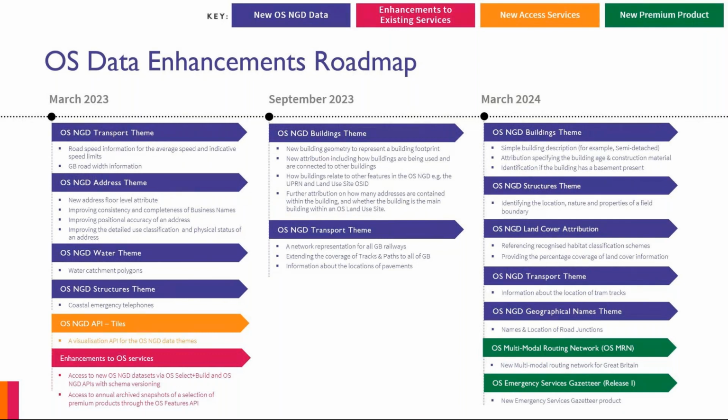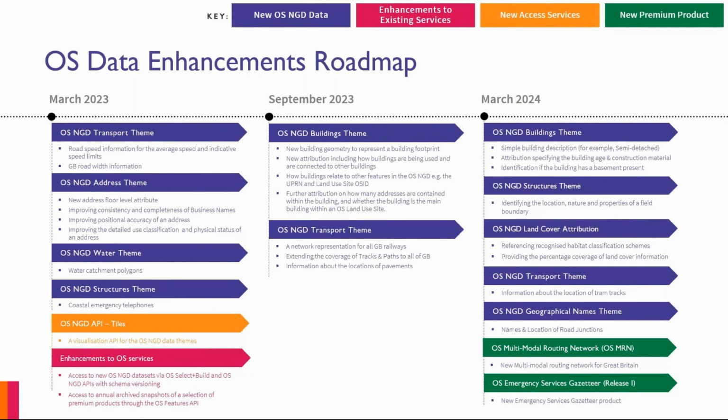on building age, the number of floors within a building, the building status, for example, whether it's built or under construction. We're also looking at basement presence, the construction types, so for example, brick or timber. Also, the attribution on building roofs, including roof shape, aspect, construction material, and the presence of solar panels and green roofs.